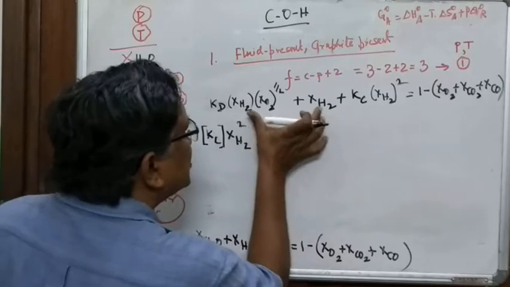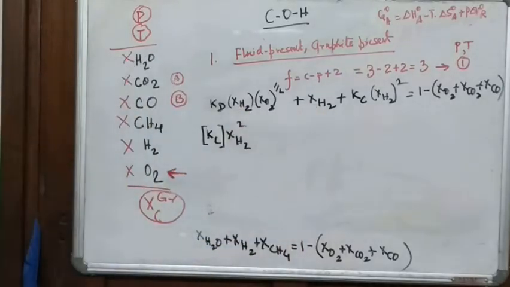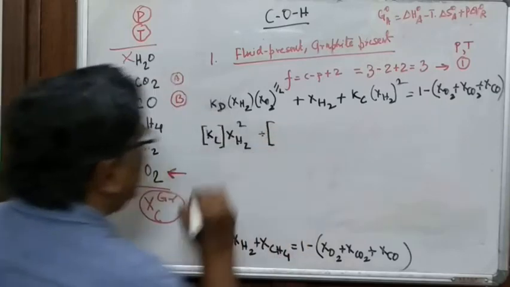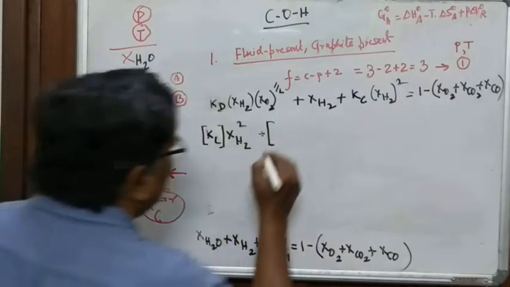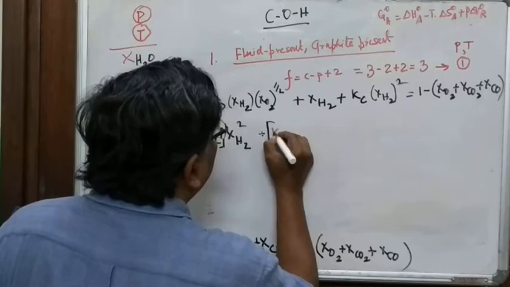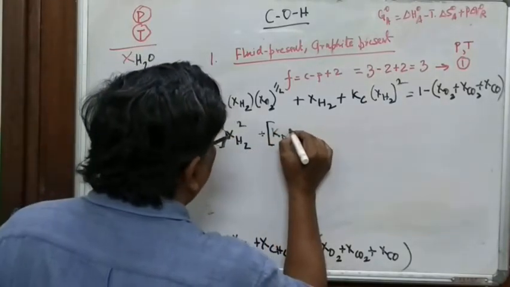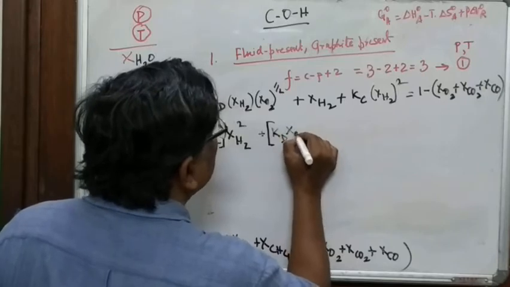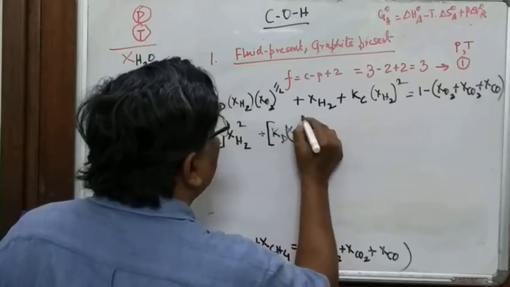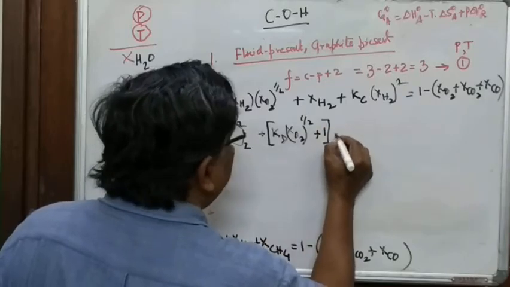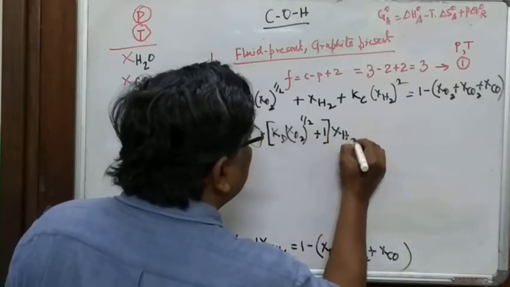These two terms have both XH2. So I will write here plus KD into XO2 to the power half plus 1 is equal to XH2.